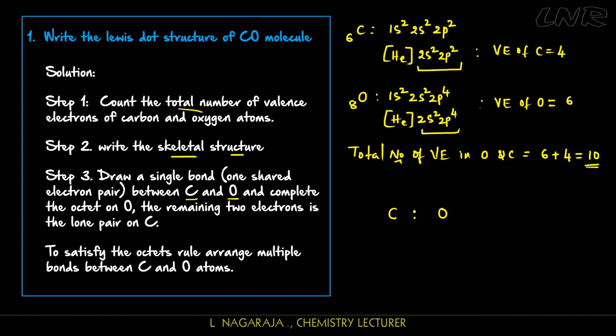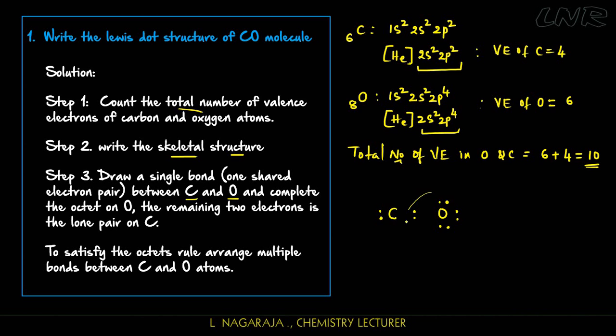So first write the octet electrons on the oxygen atom, that is 2 and 4, 5, 6, 7, 8. And then we have 2 more electrons, which are transferred to the carbon. So here only oxygen has 8 electrons, right?